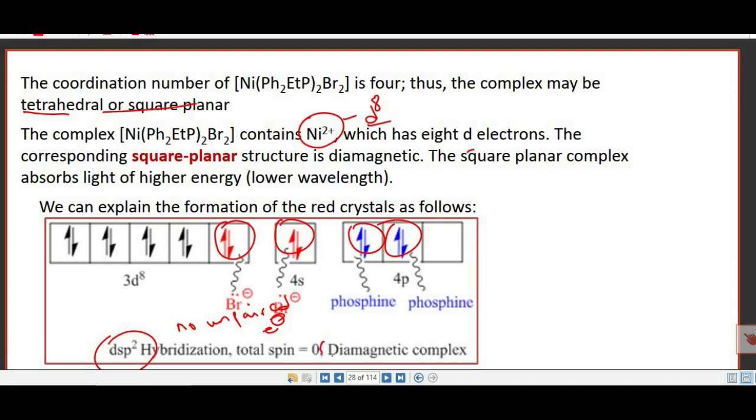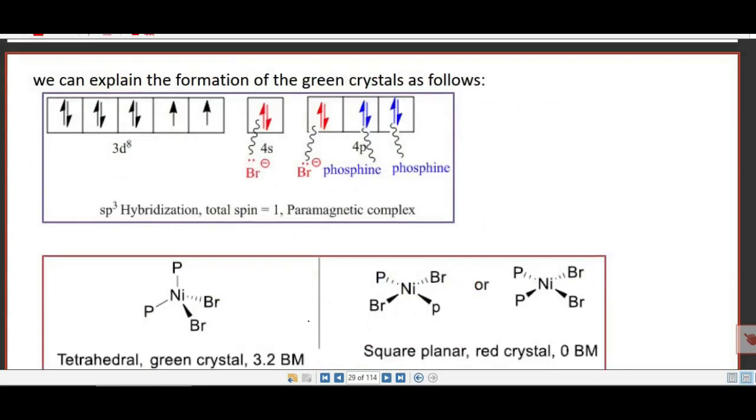So it's a diamagnetic complex having dipole moment 0, having mu equal to 0. Suppose the d8 metal ion has sp3 hybridization. It is tetrahedral, which contains two unpaired electrons.